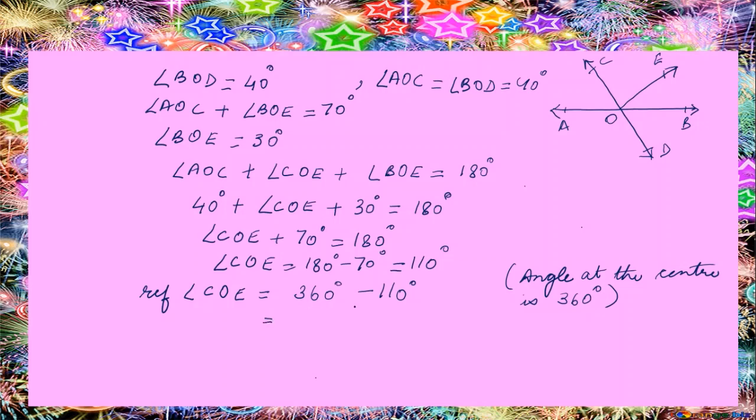So it will be 250 degrees. So reflex angle COE is 250 degrees. So from here you got angle BOE is 30 degrees and reflex angle COE is 250 degrees. So in this way you can solve it.